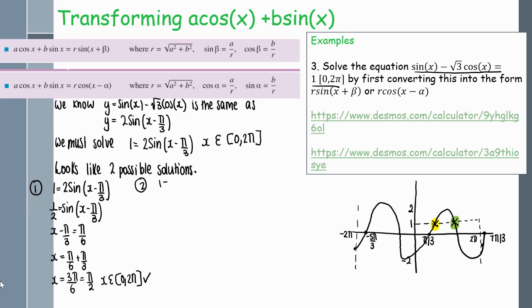So let's do the same thing, but think about another value in which sine theta equals a half. I know, using my unit circle, that sine theta is positive in the second quadrant, or if we have an obtuse angle.